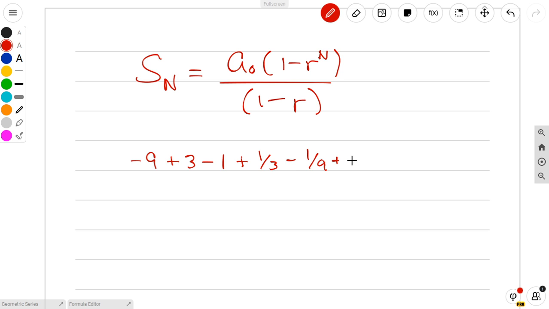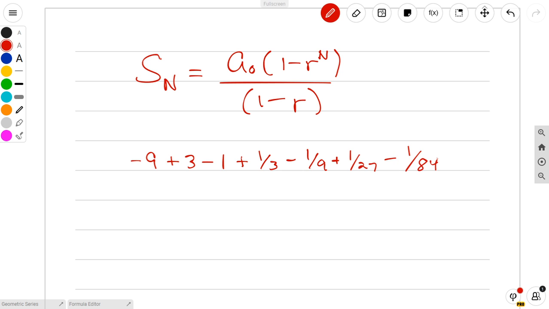And let's say we wanted to keep doing this until we hit 1 over 81. Because the next one would be a plus 1 over 27, and then a minus 1 over 81.